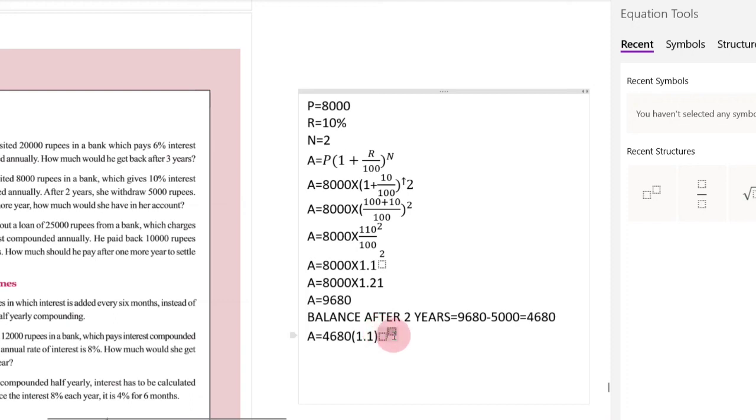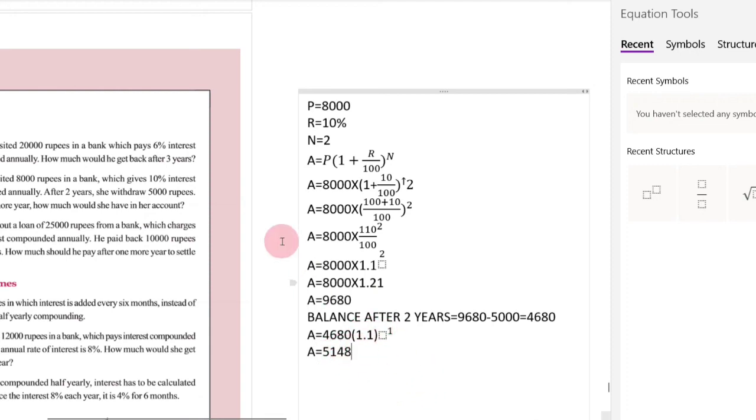So 1.1 raised to 1, and the amount is 4680 into 1.1, which is equal to 5,148 rupees. So at the end of the third year, 5,148 rupees is in her account.